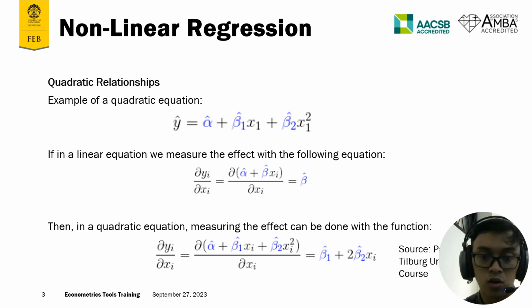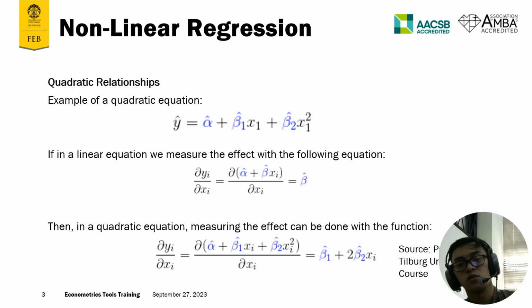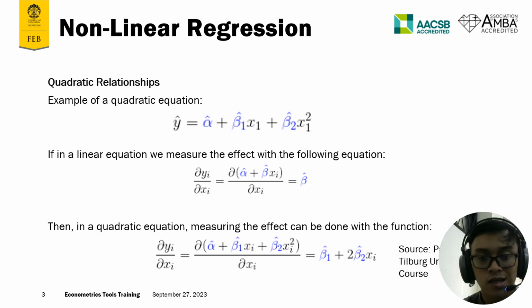Beta 1 and beta 2 are both linear, but for x1 we have two terms. The first one is just linear as usual, and the other one is a quadratic form of the first one. So here the nonlinearity appears in the form of the quadratic.